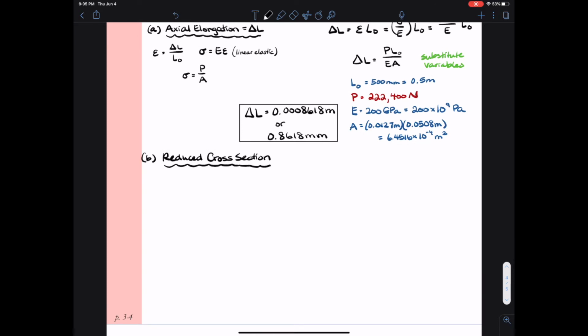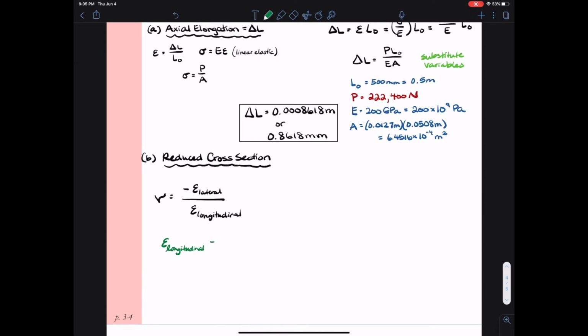And so we want to calculate the geometry of the shrunken cross-section due to this elastically applied load. All right, to do that, we're going to need Poisson's ratio. And Poisson's ratio tells us that nu equals negative strain in the lateral direction divided by the strain in the longitudinal direction. And in this particular problem, we're given that Poisson's ratio is 0.32.